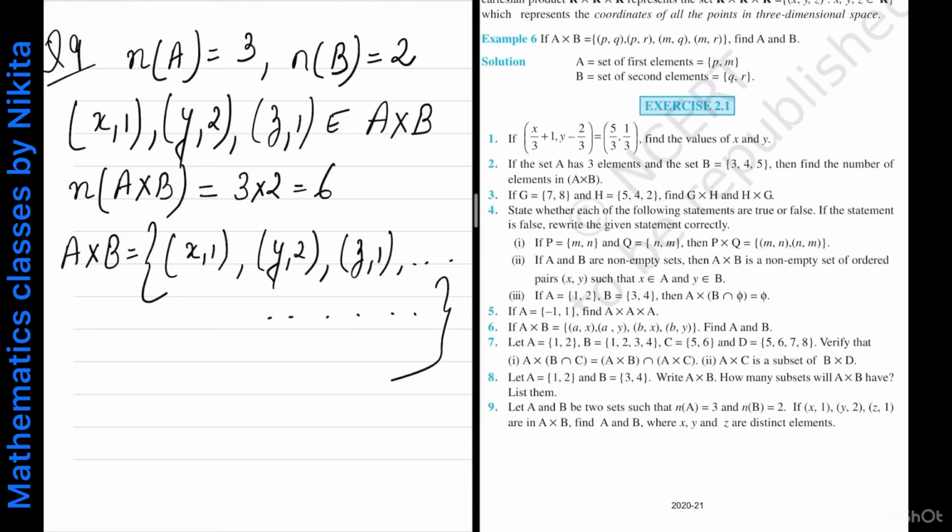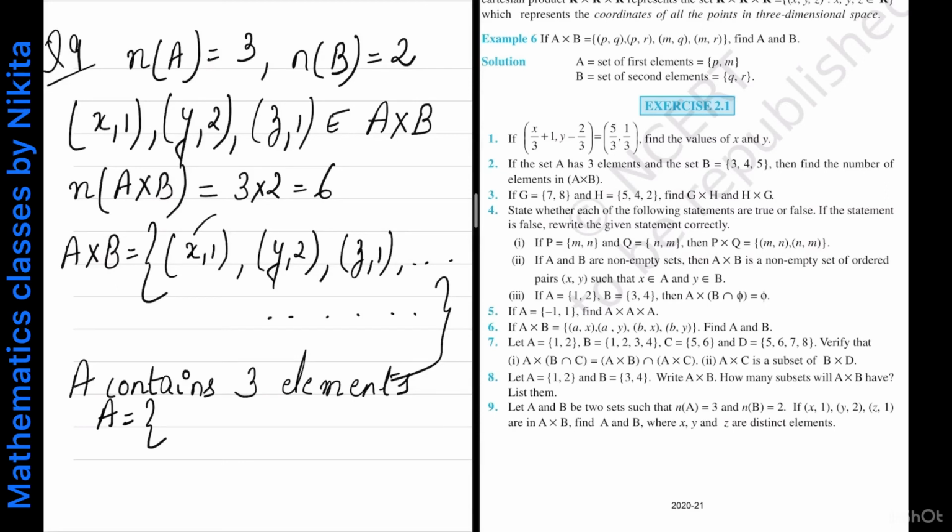Now first of all the set A contains 3 elements, because cardinality of A is 3. And can you construct the set A from the given elements of A cross B? Yes, because A was nothing but the set of first elements.